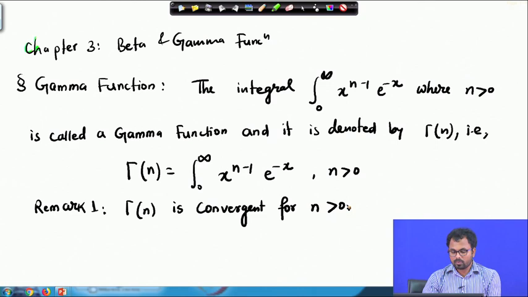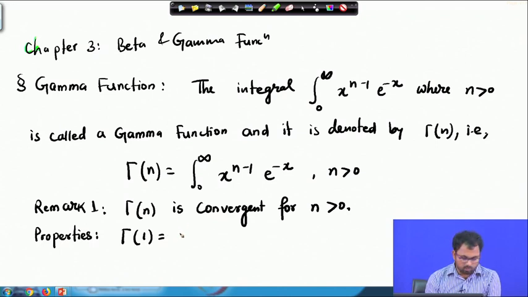This is the first remark, and there are several properties that we can associate with this gamma integral. The first property is gamma 1 equals 1.